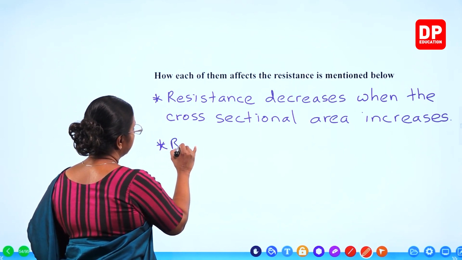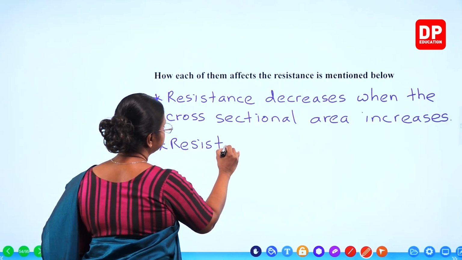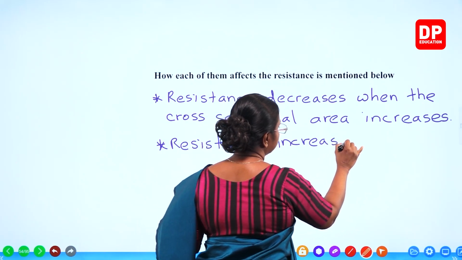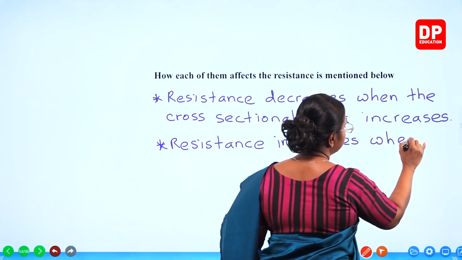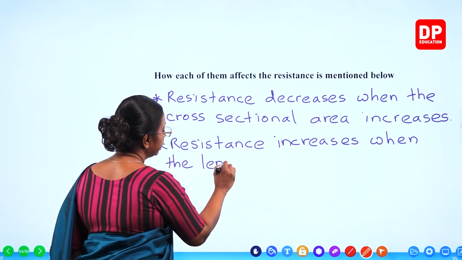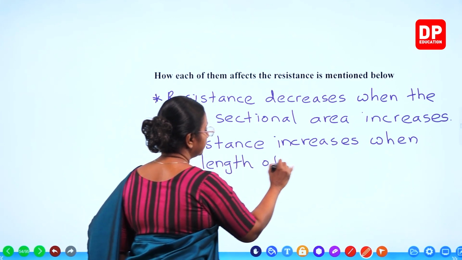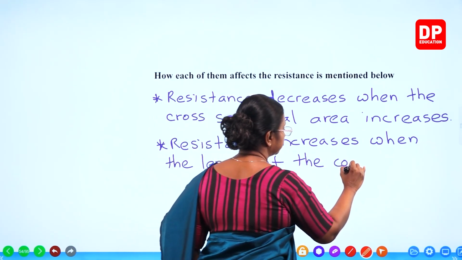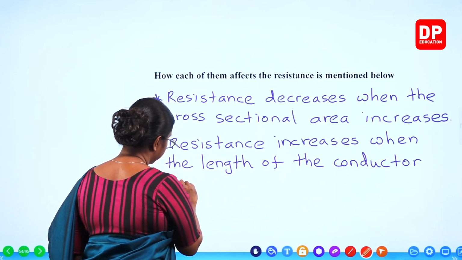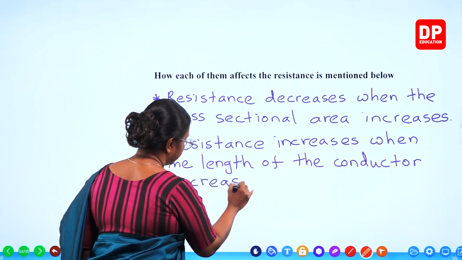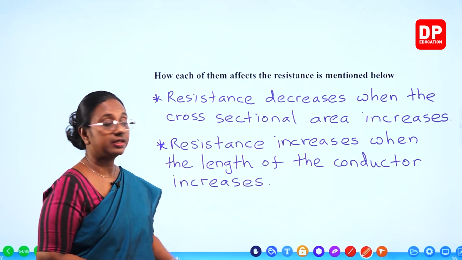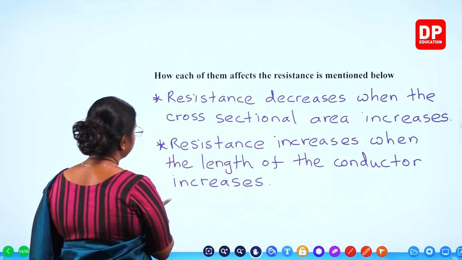Then resistance increases when the length of the conductor increases. So resistance increases when the length of the conductor increases.